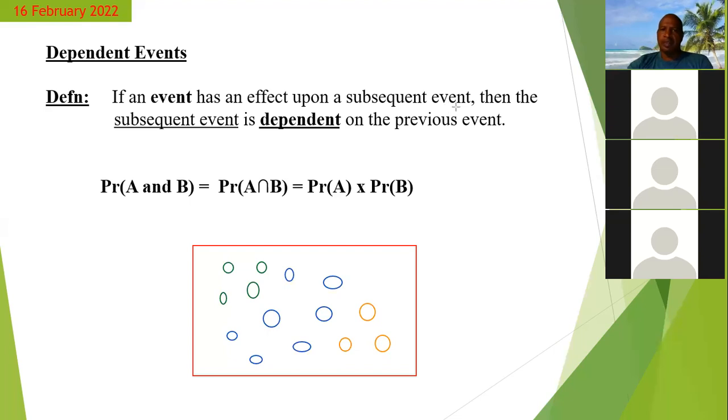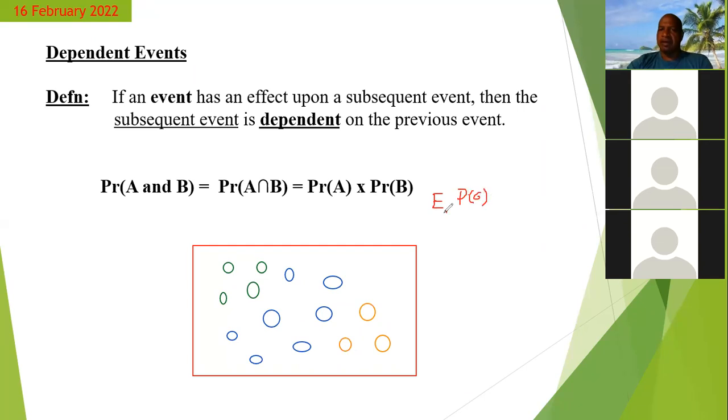Now, suppose we have two events. Event one: we want to find the probability of drawing a green marble, and I'm going to use G for green.